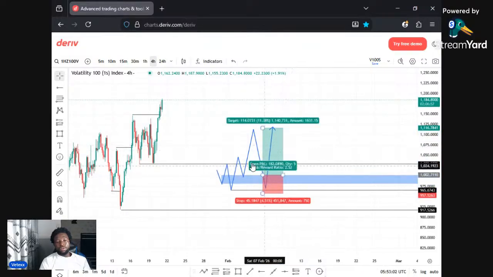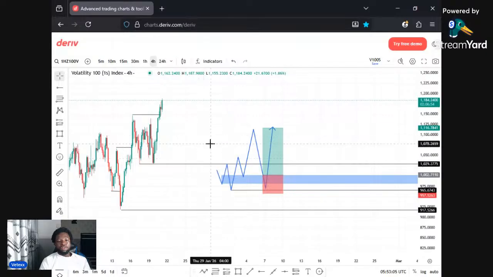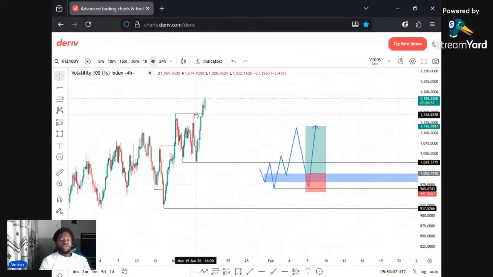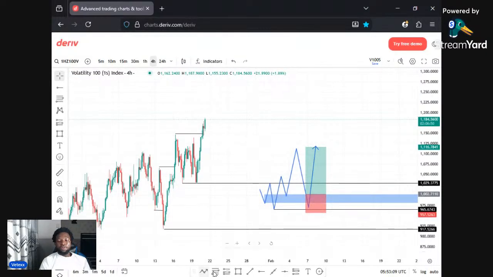Okay, this is exactly what it's going to start doing. So on the 4-hour time frame, this is the structure we're anticipating. We anticipate price to move and come to this zone.